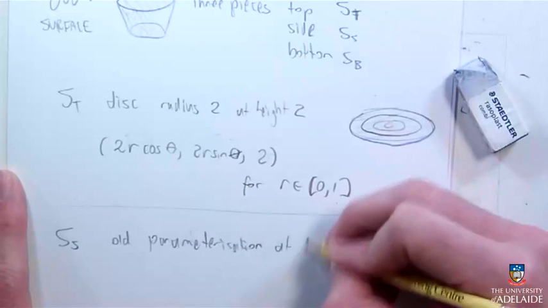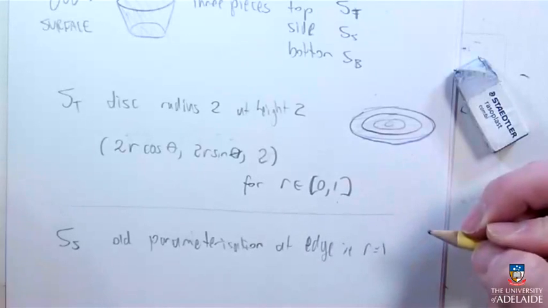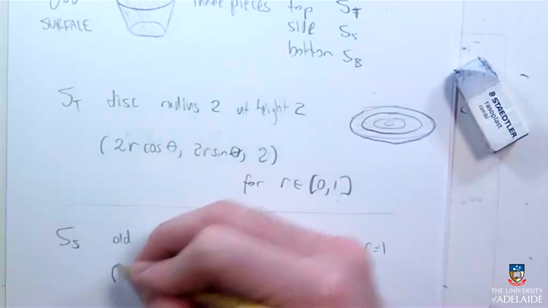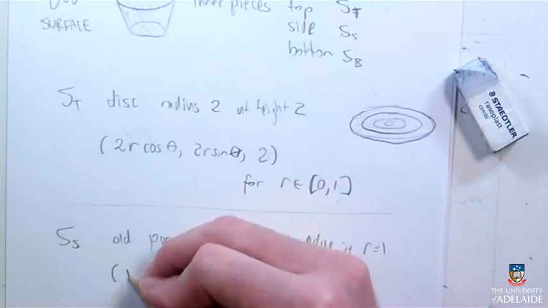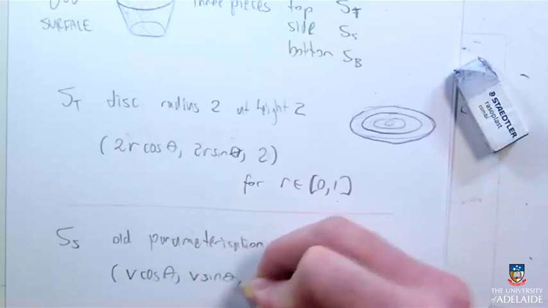At the edge, i.e. when r is equal to 1, it's v cos theta, v sin theta, v.